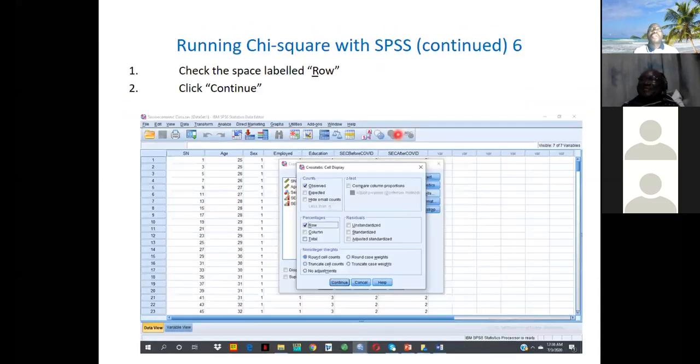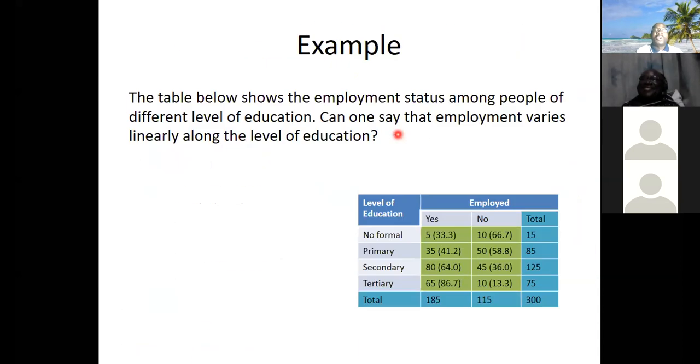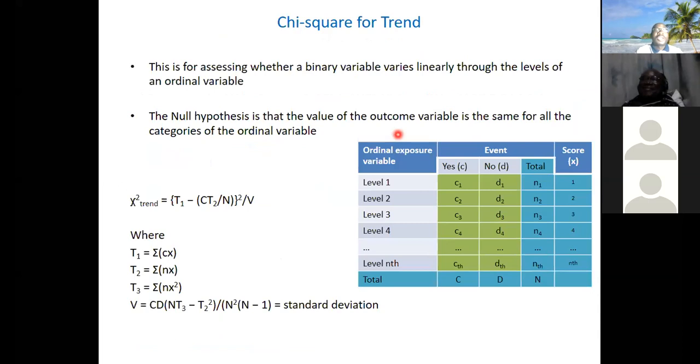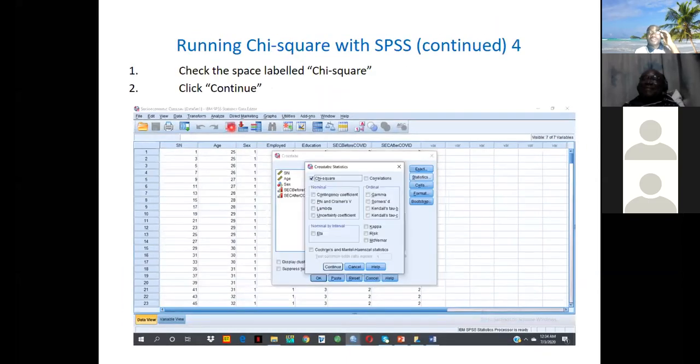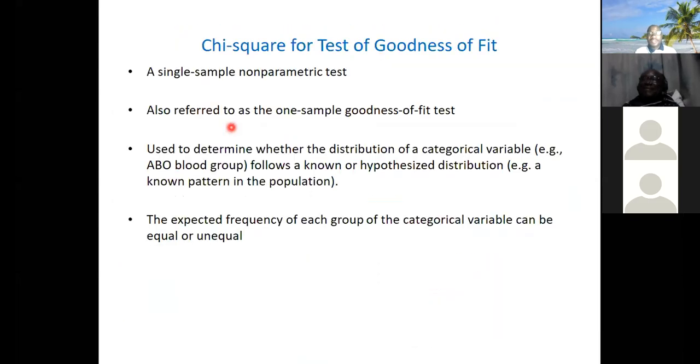Look at what I said at the beginning: this assesses whether a binary variable varies linearly with the level of an ordinal variable. For trend, you can only do it with an outcome that is binary and the exposure ordinal. That's what we are saying. Thank you, sir, for that.